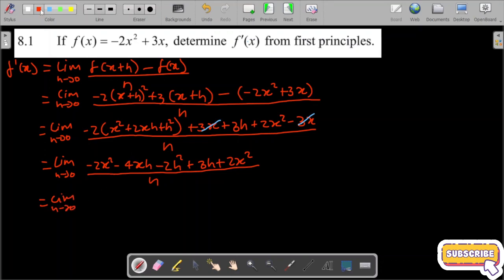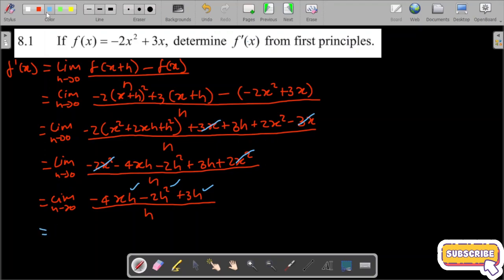Now let's deal with the like terms. Now this cancels this, and then I'm left with everything here that has h in it. So I'm left with negative 4xh minus 2h squared, and then plus 3h all over h. Now from here, I hope you can see that I'm having h, I'm having h, I'm having h.